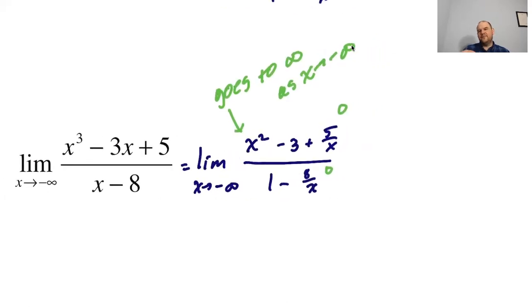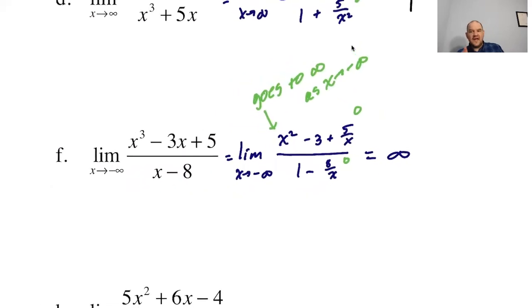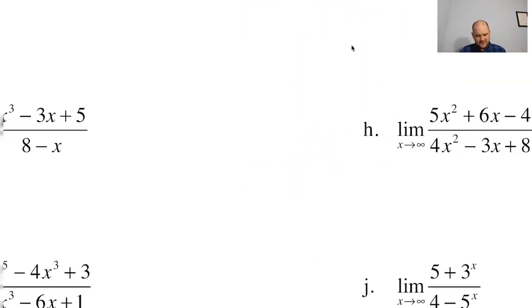So we have basically infinity minus 3 is infinity, divided by 1. So our final answer here is infinity. The reason that happened was we didn't end up with thing 2. Thing 2 is the greatest thing to end up with because it zeroes everything out. It just didn't happen there.